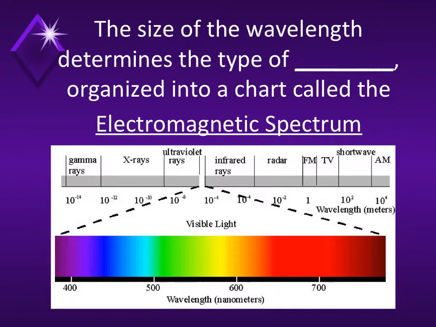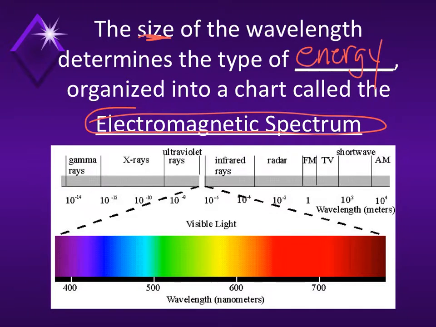So using this idea of wavelengths, we use the size of the wavelength to determine the type of energy. And we can see that in what's called the electromagnetic spectrum. The electromagnetic spectrum is kind of a simplified way to look at all types of energy. Over on this side, we have some really short waves called gamma rays.